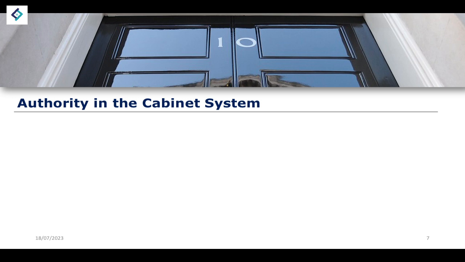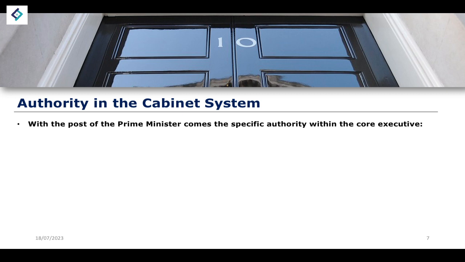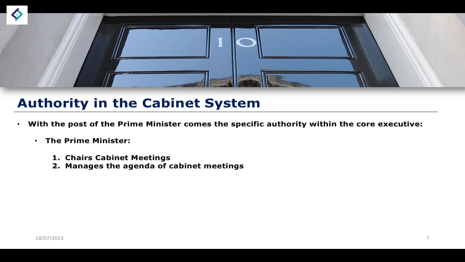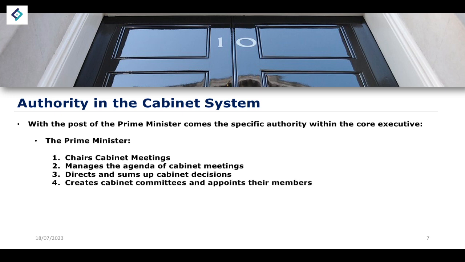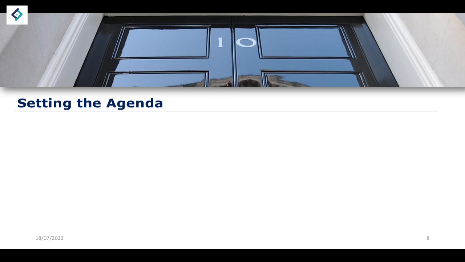In addition to the reshuffle and the ability to form cabinets and have authority within cabinets, there is also the fact that the Prime Minister has specific authority within the core executive. The Prime Minister chairs cabinet meetings, manages the agenda of cabinet meetings, directs and sums up cabinet decisions, creates cabinet committees and appoints those committees' members, holds bilateral meetings, appoints senior civil servants, organises the structure of government.